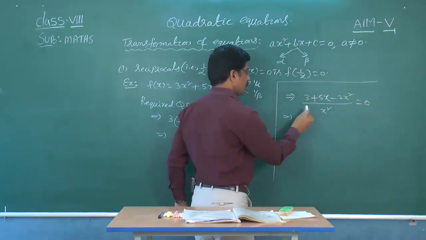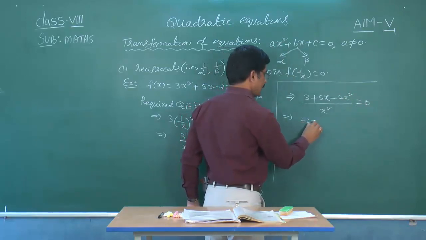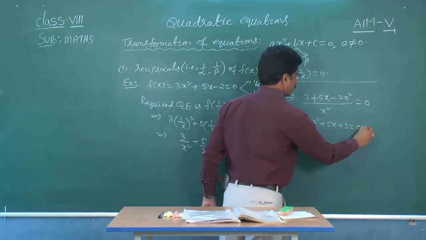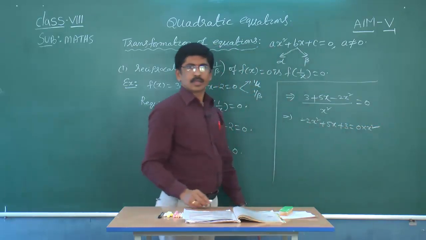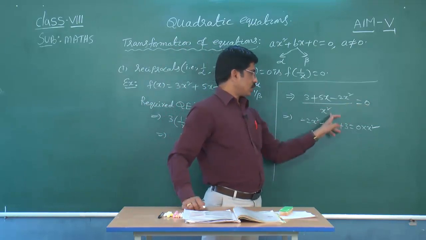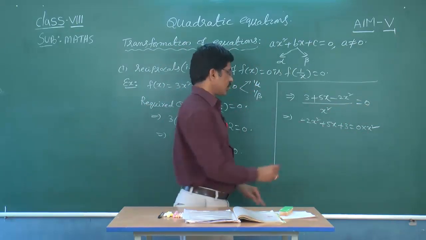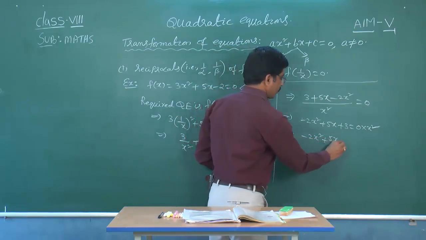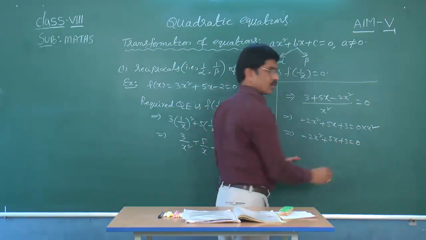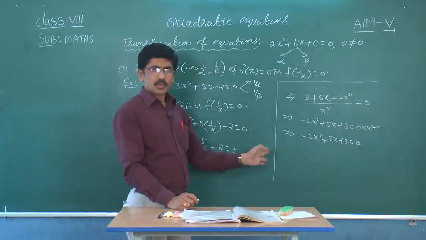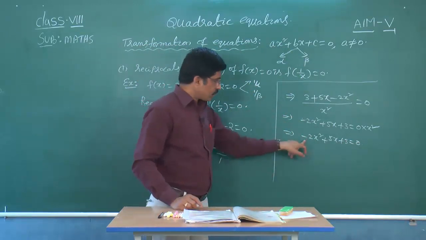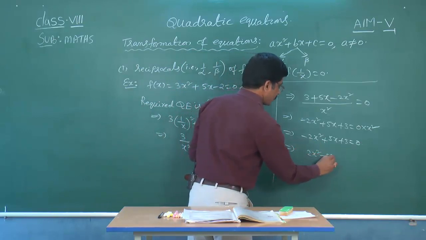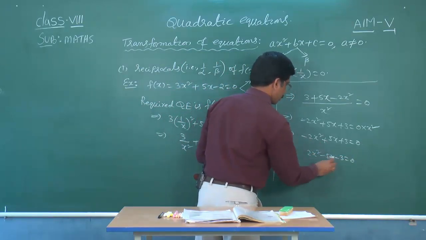Then minus 2x square plus 5x plus 3 is equal to 0 into x square. By cross multiplication, 0 into x square is equal to 0. Then minus 2x square plus 5x plus 3 is equal to 0. Taking these three terms to the right hand side, the signs are interchanged: 2x square minus 5x minus 3 is equal to 0.